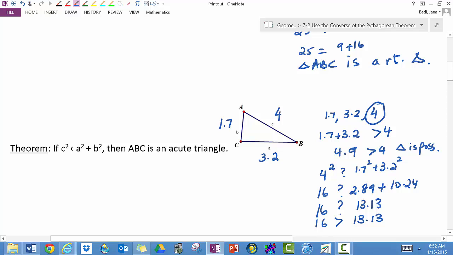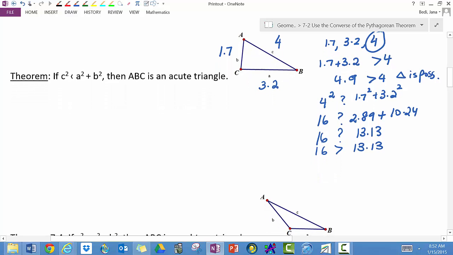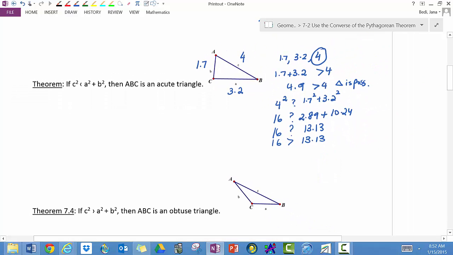So if the longest side squared is greater than the sum of the squares of the other two sides, then this triangle is obtuse.